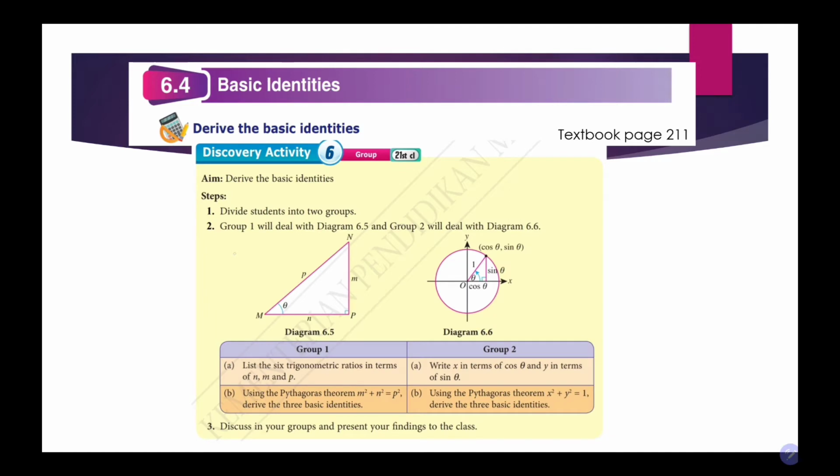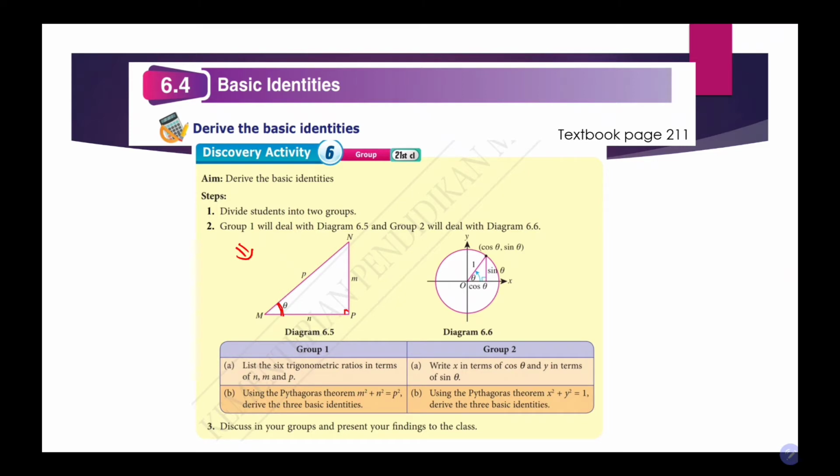Let's see. In your discovery activity 6, we have these two triangles. We have a right angle triangle in diagram 6.5. Okay, so triangle MNP with the right angle at P. And then we are talking about the angle M, which is theta.